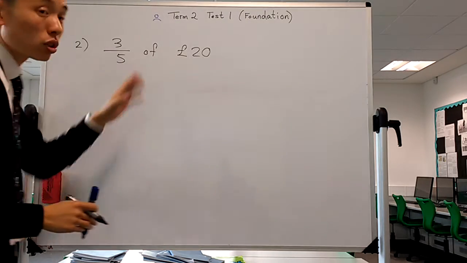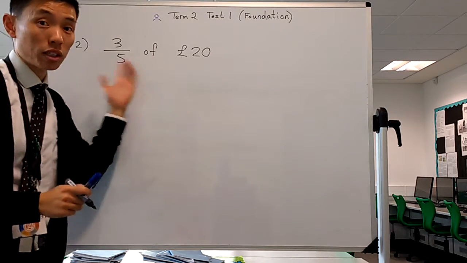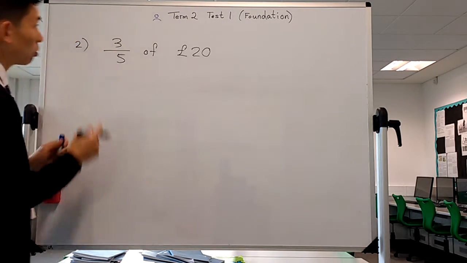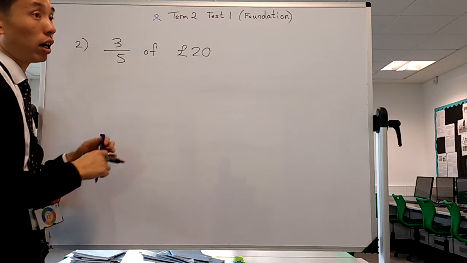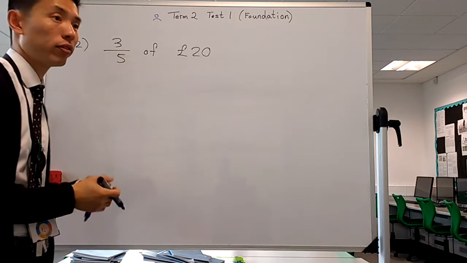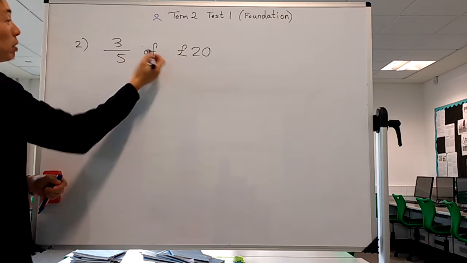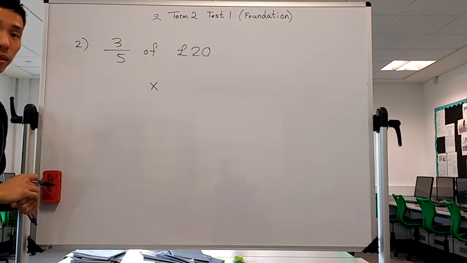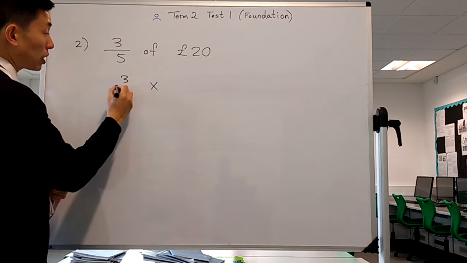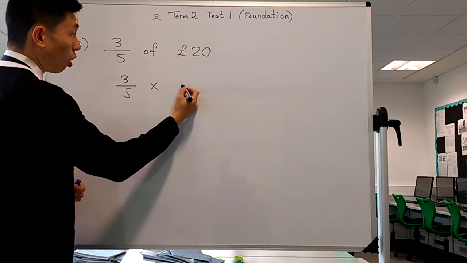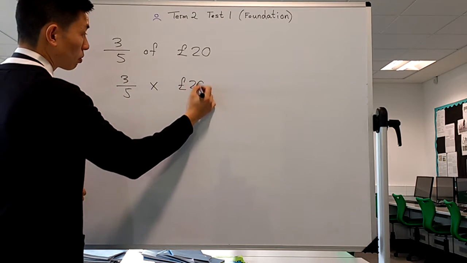My first question to any students is: what is "of" in maths? Well, you must have heard of 3 lots of 5, 2 lots of 10, etc. "Of" means multiply. So basically I'm doing 3/5 of £20.